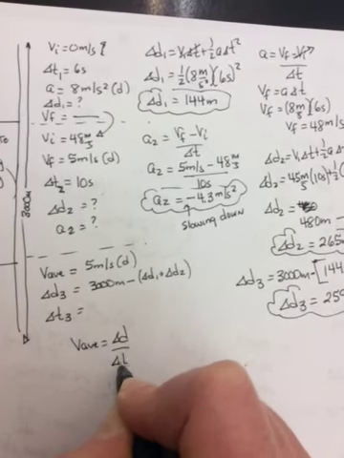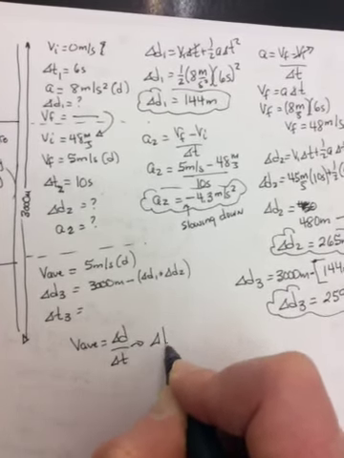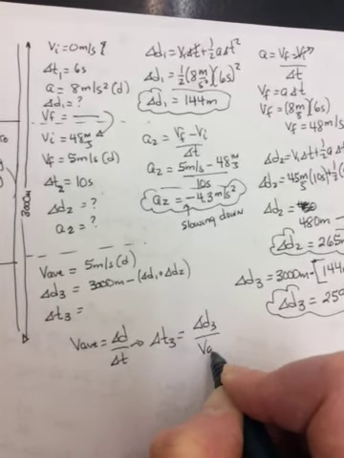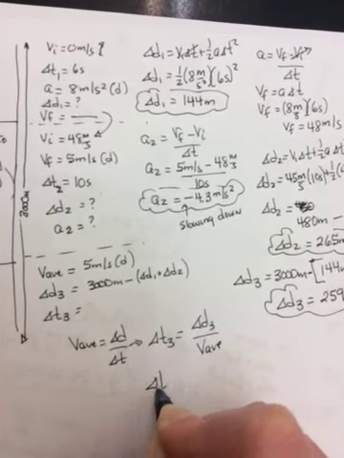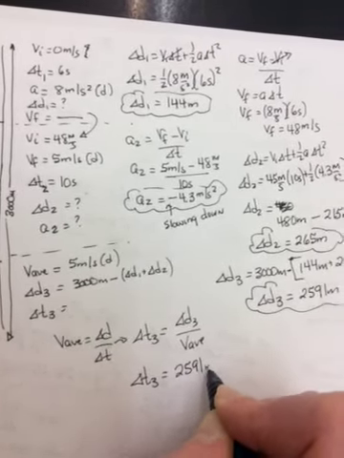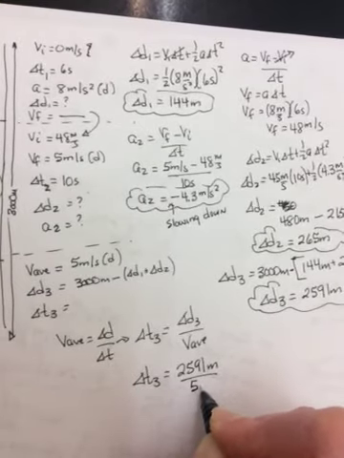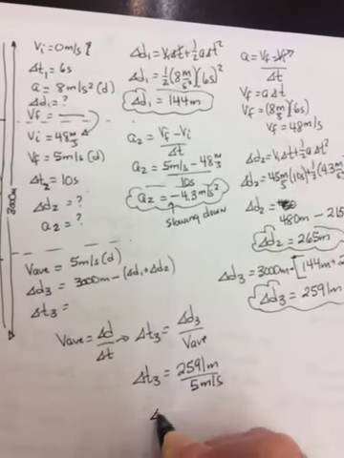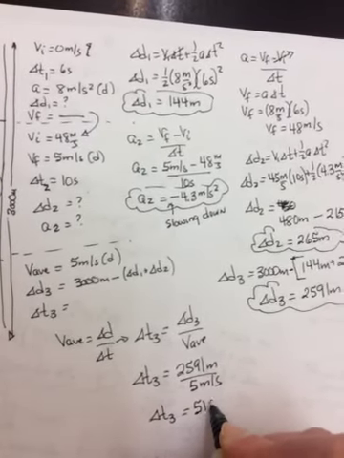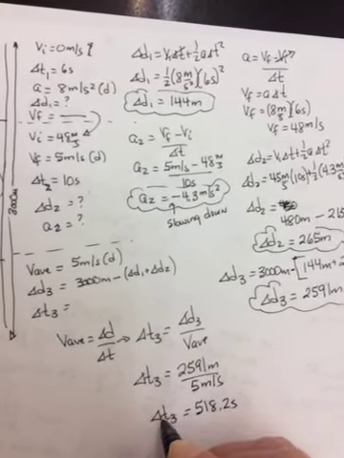Okay? Once we have that, we can find our T3, because we know VF is equal to delta D over delta T. So delta T3 will equal delta D3 over VF. So delta T3 will equal 2591 meters divided by 5 meters per second. And so we will get a T3 of 518.2 seconds.